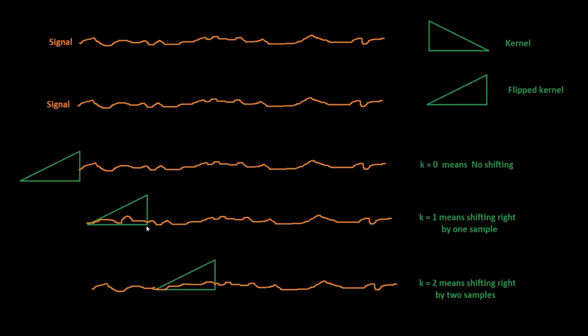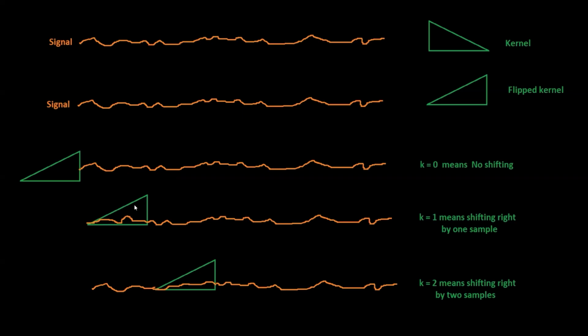Next, when k equals 1, it means we shift the flipped kernel one sample to the right. Now more samples overlap between the kernel and the signal. Suppose there are 3 overlapping samples. We multiply each overlapping pair. If the values are 2 and 2, the product is 4. If they are 3 and 2, the product is 6.